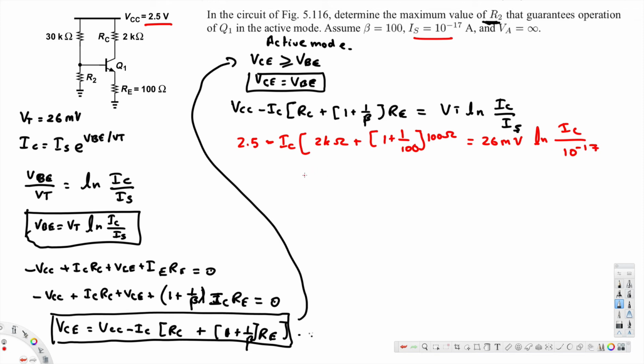If you rearrange and solve for IC, you will get IC is equal to 0.793 milliampere.